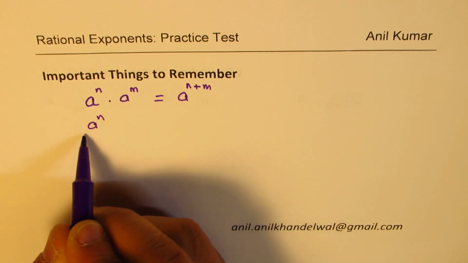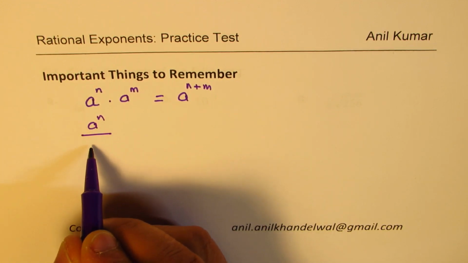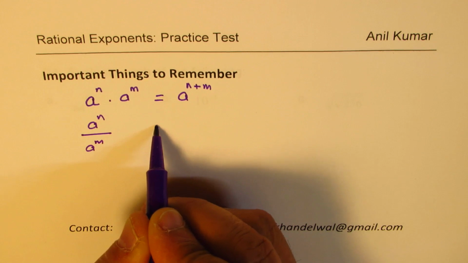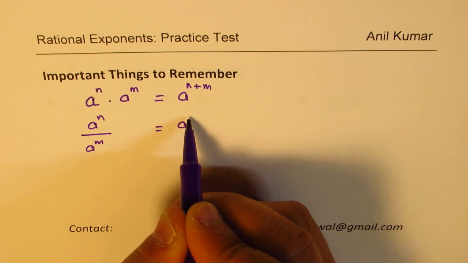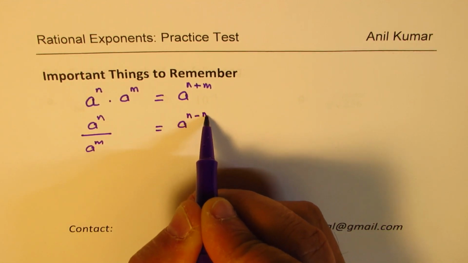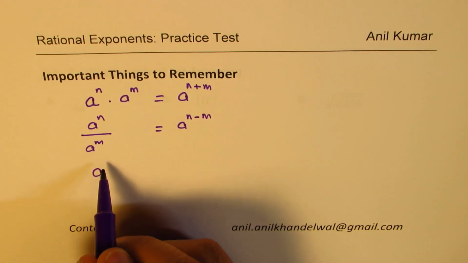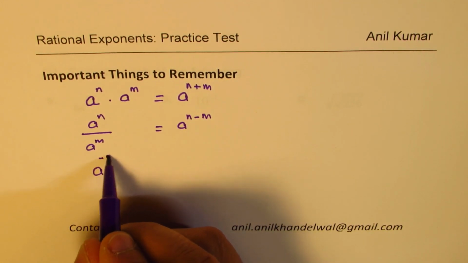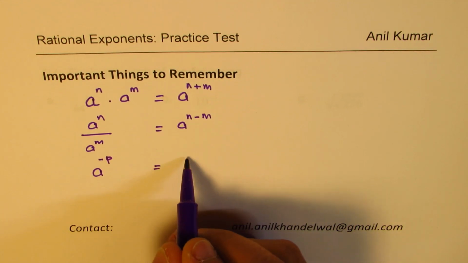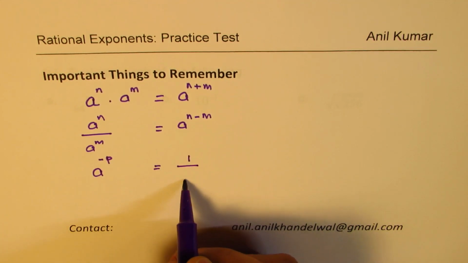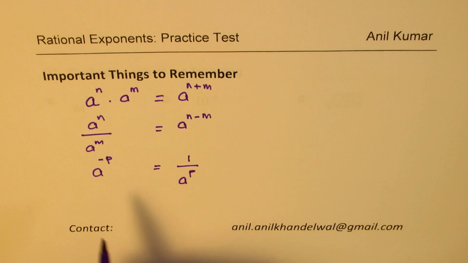If we have this in division form, quotient form, it becomes a to the power of n minus m. Remember, if we have something like a to the power of minus p, it could be written as 1 over a to the power of p. So it kind of flips.